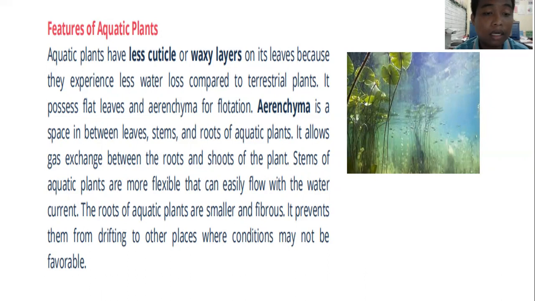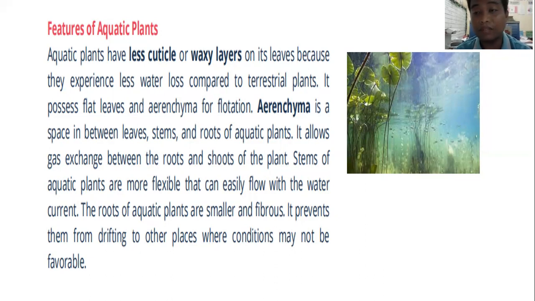Stems of aquatic plants are more flexible so they can easily flow with the water current, because these aquatic plants live in water. Mas flexible siya pag naay current. If not, kung dili siya flexible, posible nga mabali siya or dili siya maka survive.